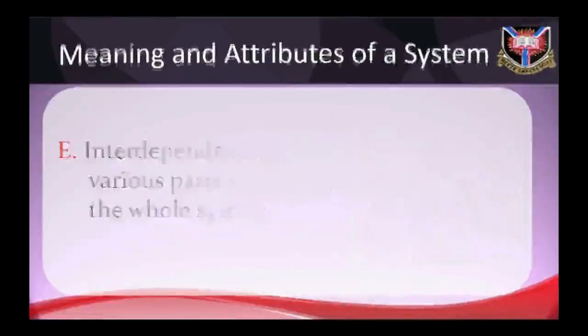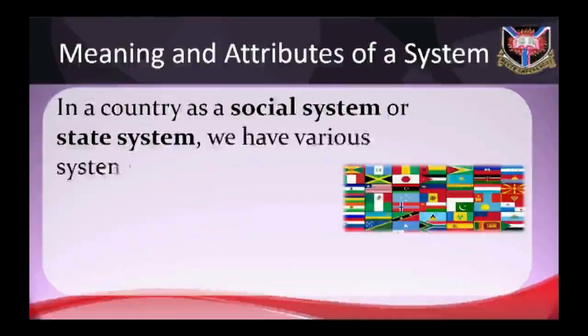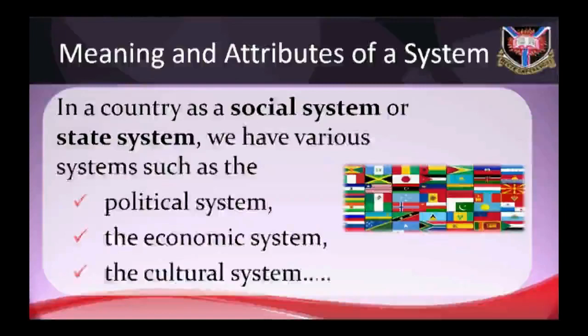Note: it is important to note that within a country regarded as a social system or state system, we have various systems such as the political system, the economic system, the cultural system, and so on. Of these, you need to take particular note of the political system.